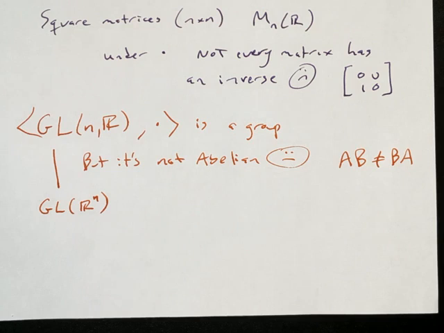Linear transformations make a group. And the general linear group is the transformations in Rn. Questions?